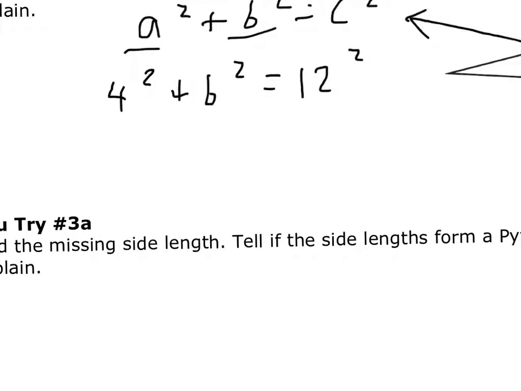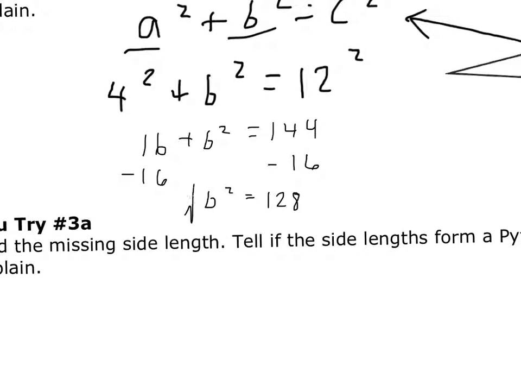We have 4 squared, which is 16. We have b squared left, and we have 12 squared, which is 144. Okay, so let's go ahead and reduce each one. We got to subtract 16 on both sides, which would give us b squared equals 128. And then remember last time, to undo a square, you have to take the square root on both sides.